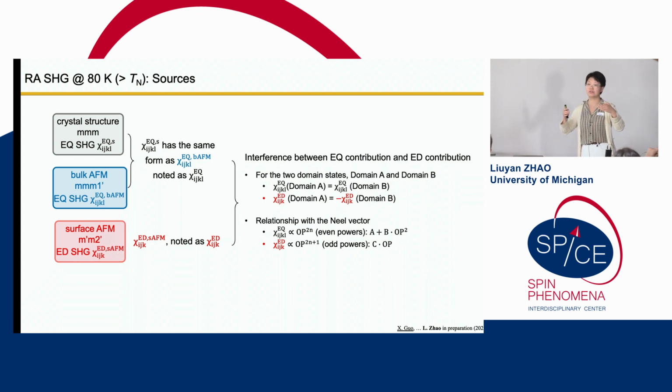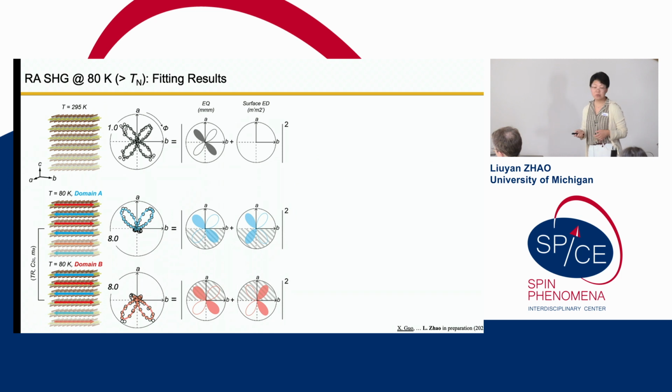The two domains refer to left-right versus right-left. Okay, and one more step. The ones that are the same for the two domains should be proportional to even powers of the order parameter. The ones that are sensitive to the domains, meaning with different signs for the domains, should be proportional to odd powers of the order parameter. So the question is whether we can detect both contributions.